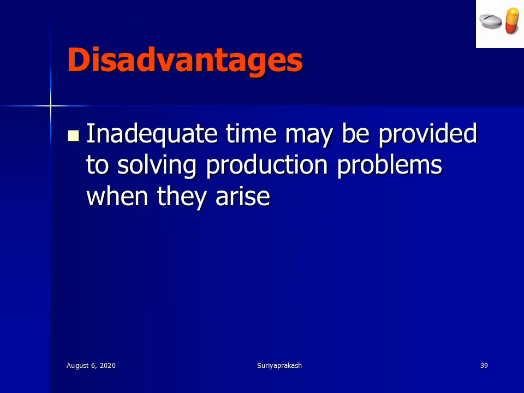But a disadvantage is there. Inadequate time may be provided to solve problems. These R&D persons run it, and if something is not working, they will go for another one. They won't try once again. Suppose this newer excipient is not giving the proper result, they will try another excipient. That means they don't take time to solve the issue.